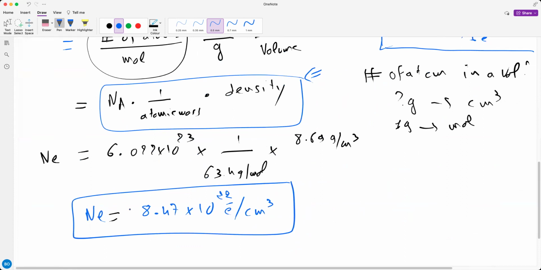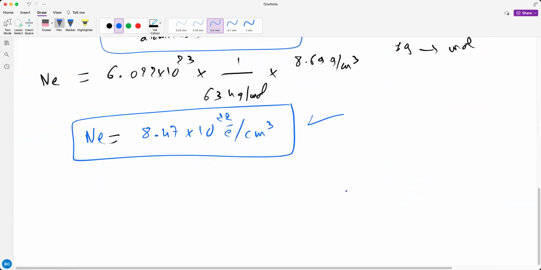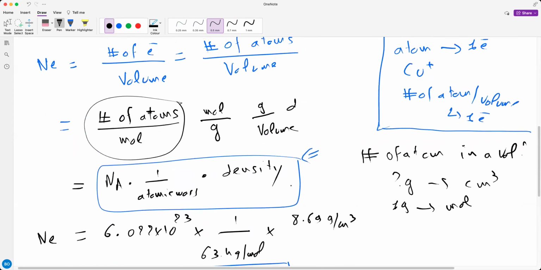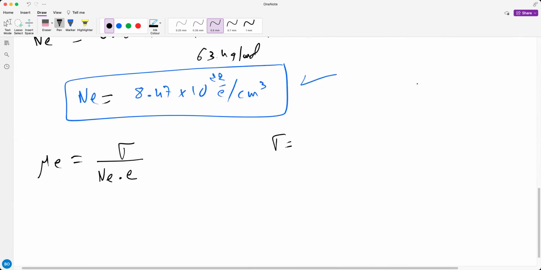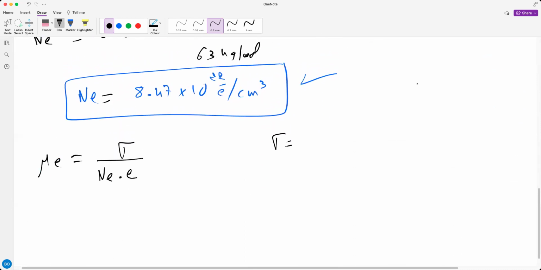So we have just calculated this. Now the mobility of electrons is equal to sigma divided by the number of free electrons times the charge. Sigma was given, which is equal to 5.98 times 10 to the power of 5 Siemens per meter.